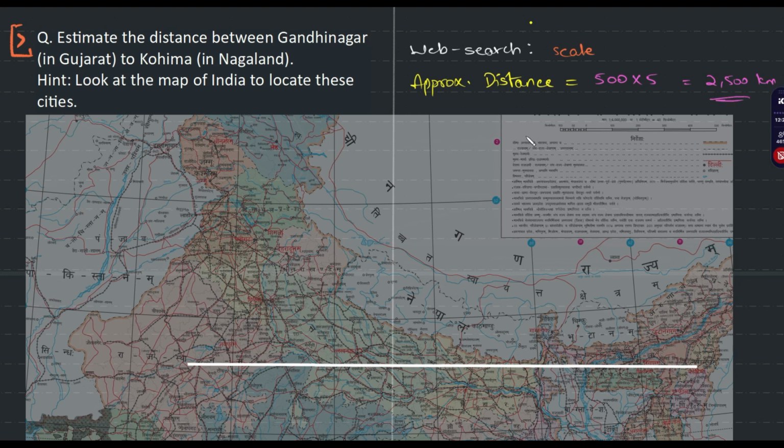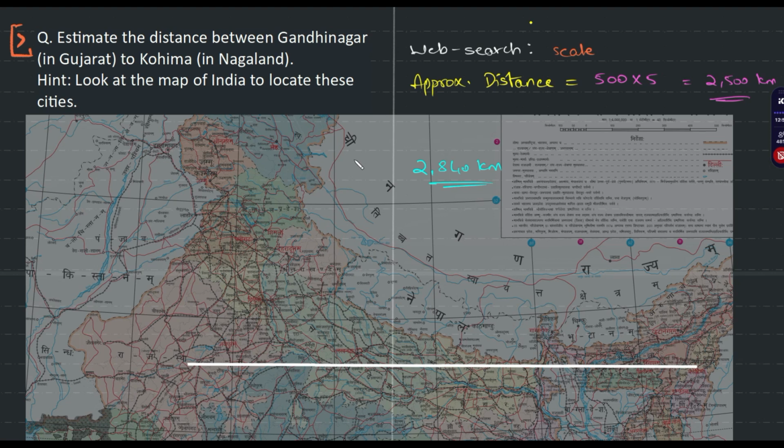Approximate distance, a rough estimate basically. I searched online and on the road it's around 2840-ish kilometers. If you're traveling on the road, it is approximately this, and we actually got a decent approximation. Maybe a plus or minus more or less, but this is good enough estimation.